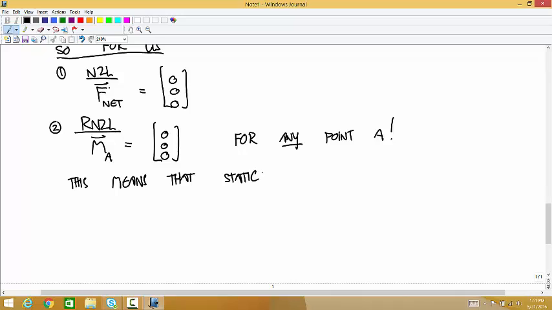statics problems rarely introduce differential equations.